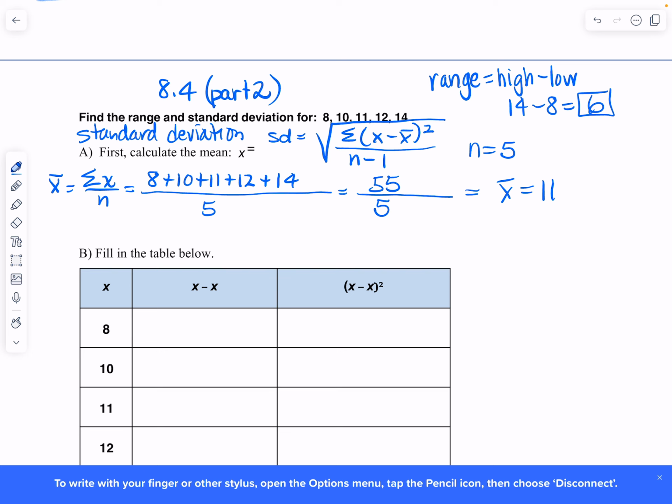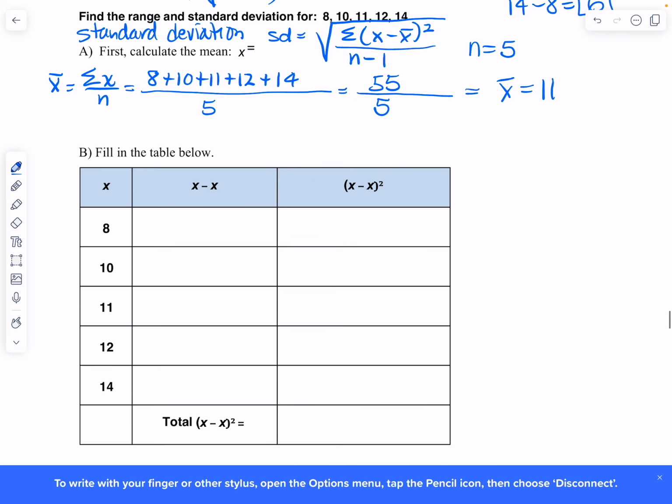So then in the last video, I told you that you had to make a table. So the first column is my x values, and that's what you're seeing right here. And then my next column should say x minus x bar.